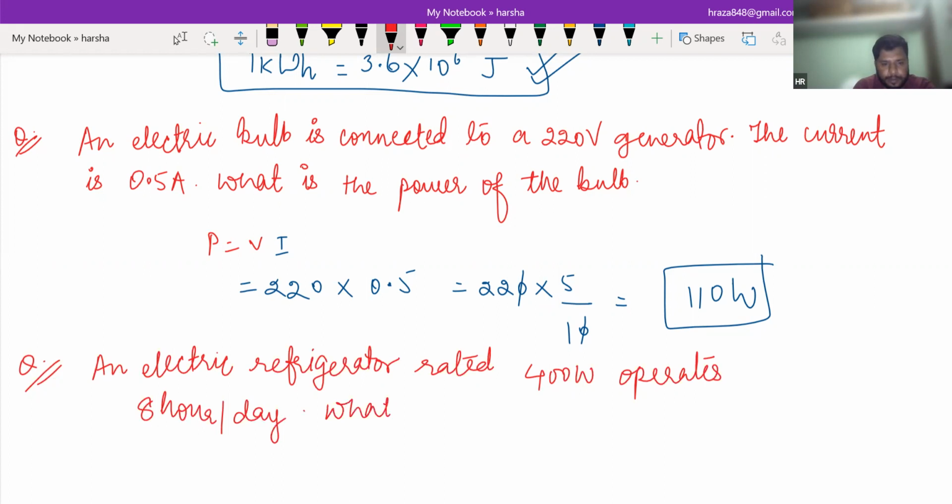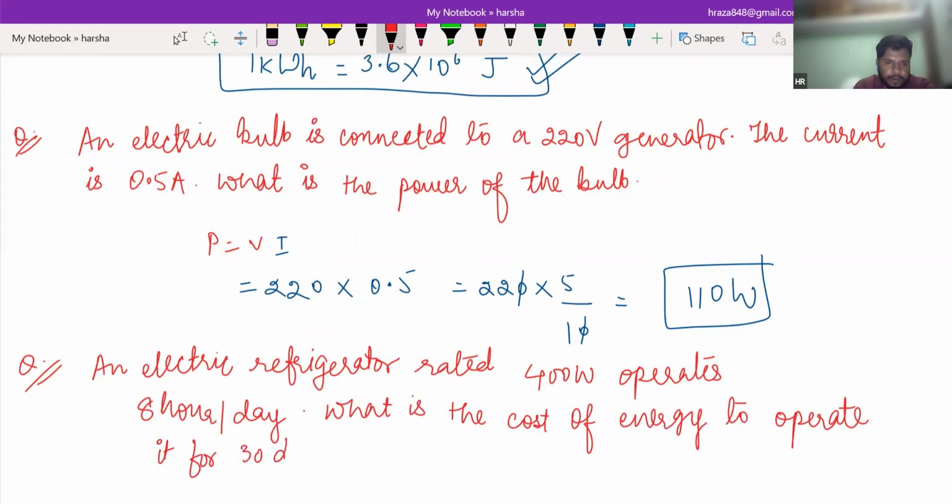What is the cost of energy to operate it for 30 days at rupees 3 per kilowatt hour? Please let me know if you are unable to solve it.